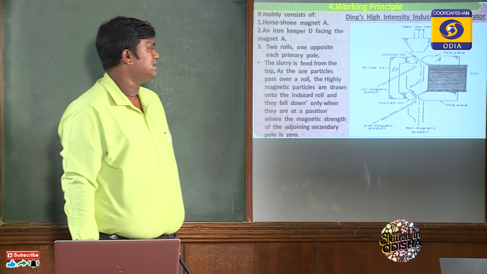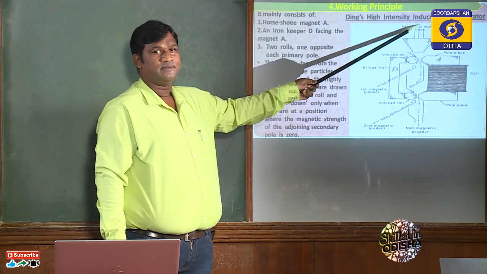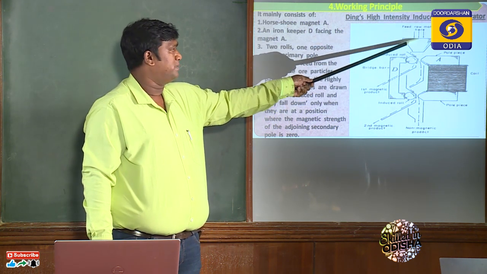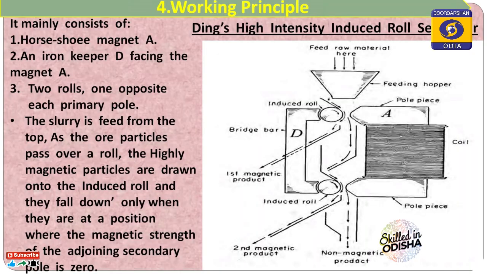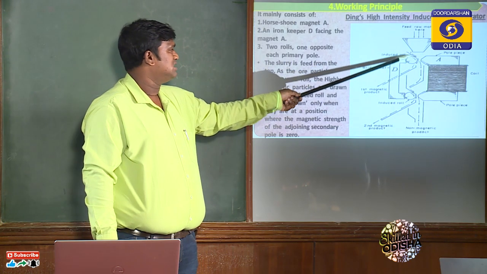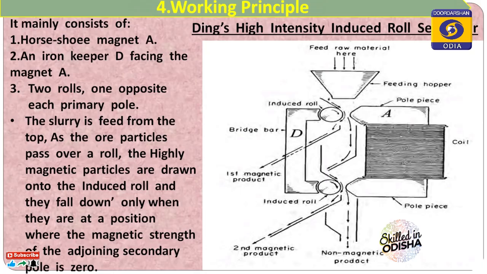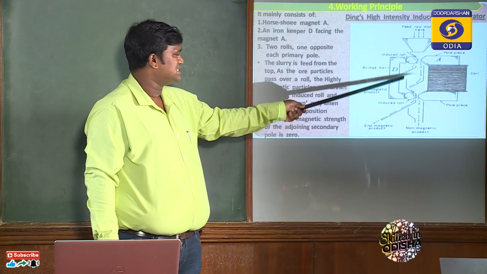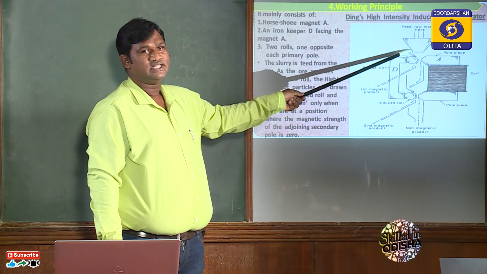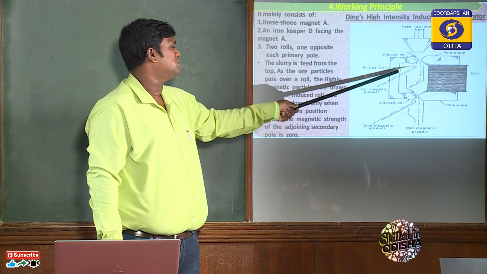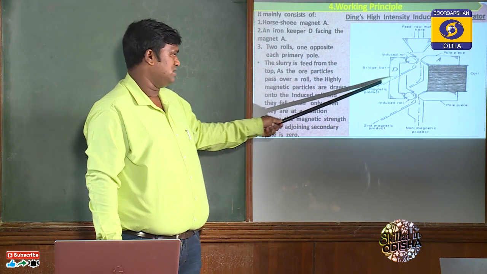The raw material is fed from the feeding hopper, and when it comes into contact with the first induced roller, the roller separates two products. The weakly magnetic particles and tailings pass to this passage, and the concentrated, highly magnetic particles come to the discharge point.